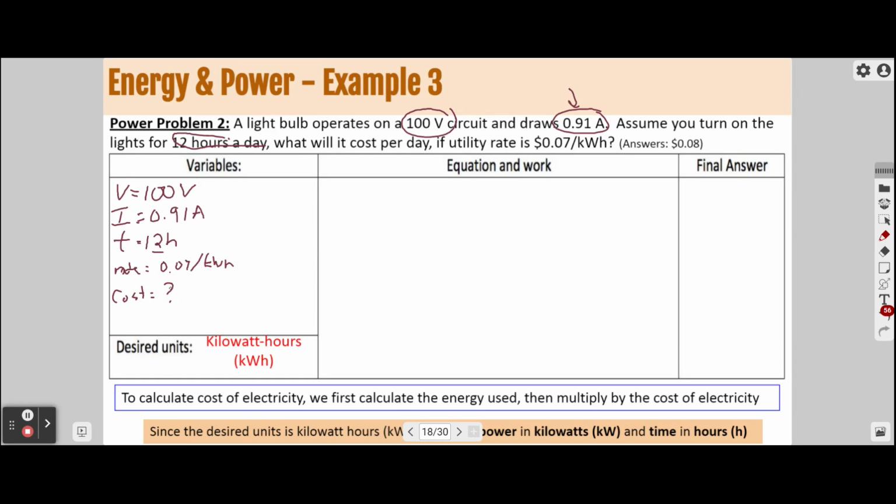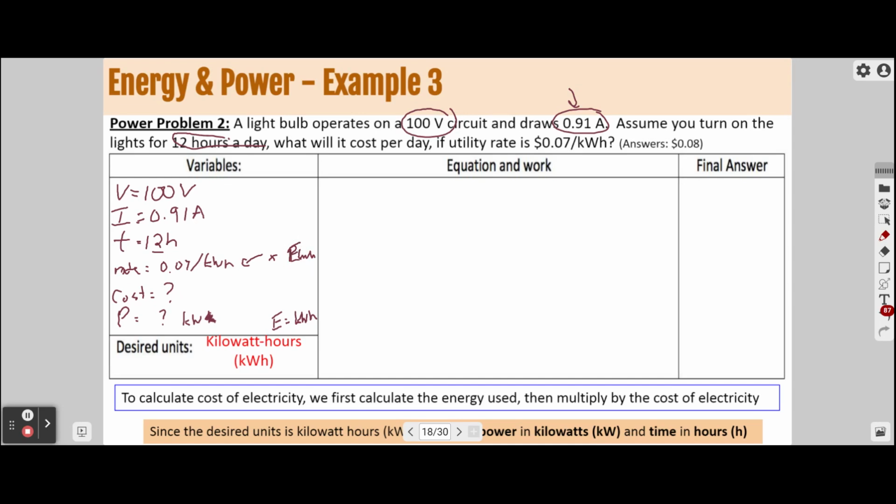Now, to find cost, we need to be able to multiply this rate here by the energy in kilowatt hours. So what we're looking for is power in kilowatts. And then we can use our power to find our energy in kilowatt hours, which we can multiply by our rate.